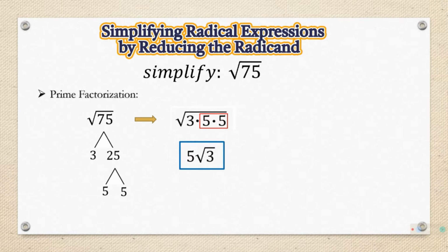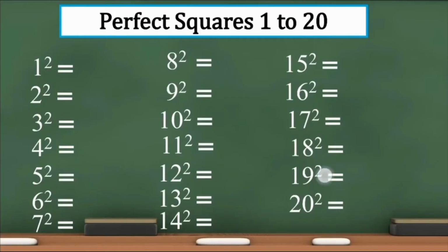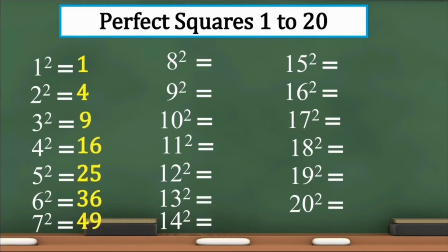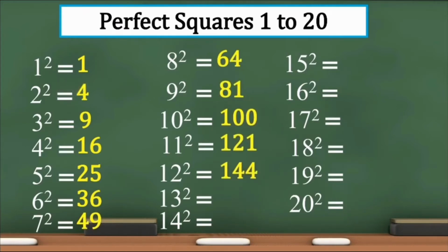Another way is by perfect square factorization. But first, we have to be familiar with the perfect squares. They are 1, 4, 9, 16, 25, 36, 49, 64, 81, 100, 121, and so on.